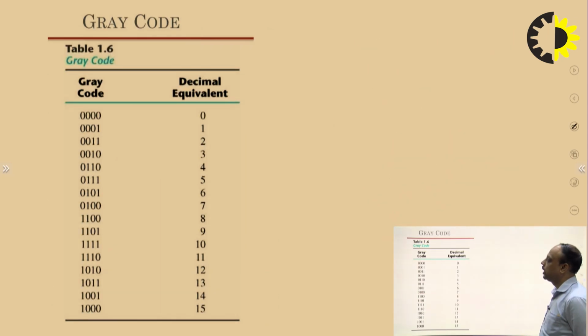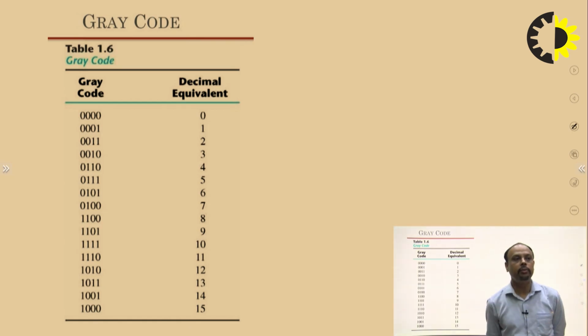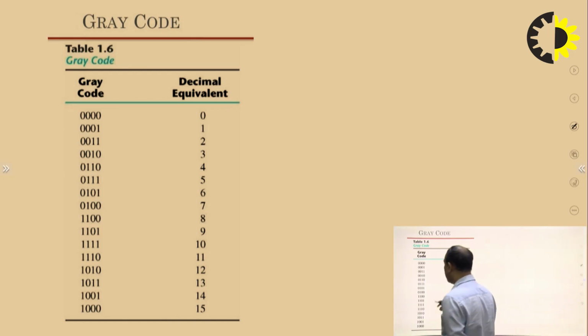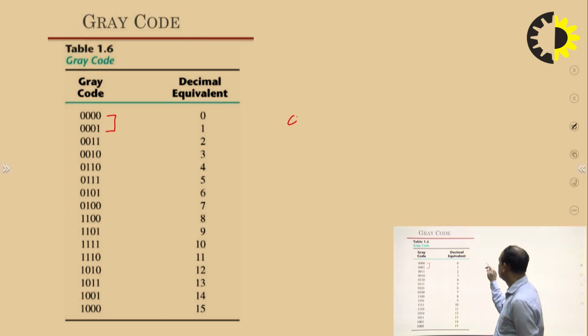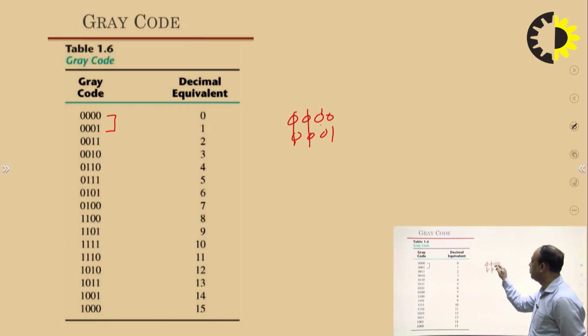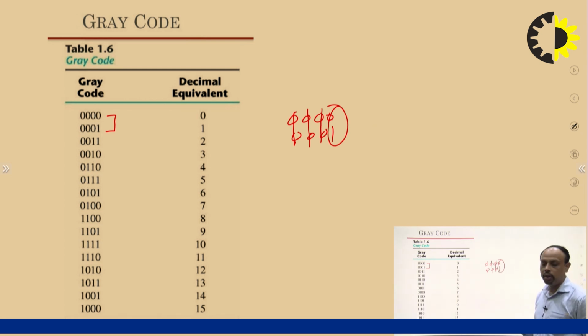Now next is gray code. Gray code is a special code in which there is a 1 bit difference between consecutive codes. That is, if we see over here, there is a code of 0 and there is a code of 1: 0, 0, 0 and 0, 0, 1. So all the other bits are the same. The only different bit is 0 to 1. If we check 2 consecutive codes in the gray code, you can see this pattern always follows.